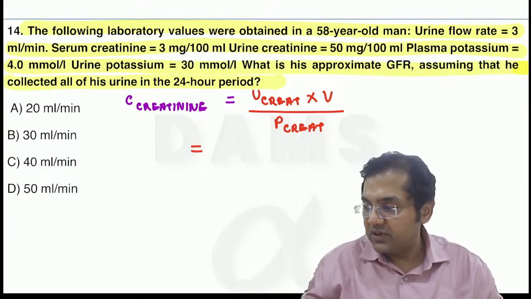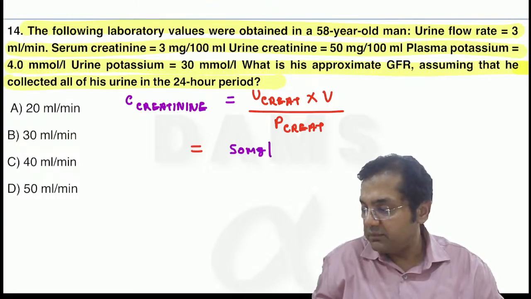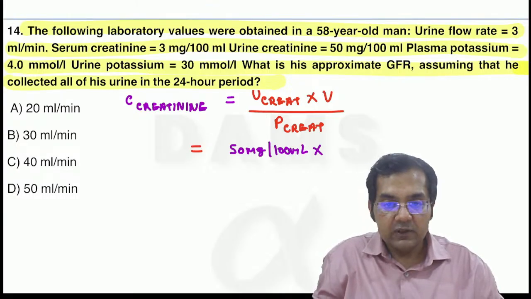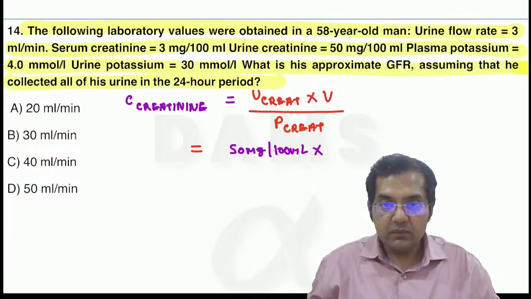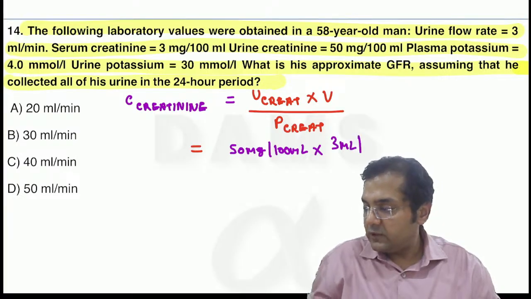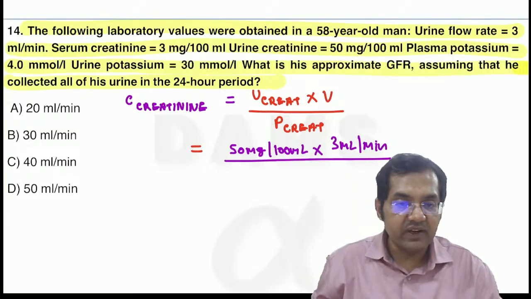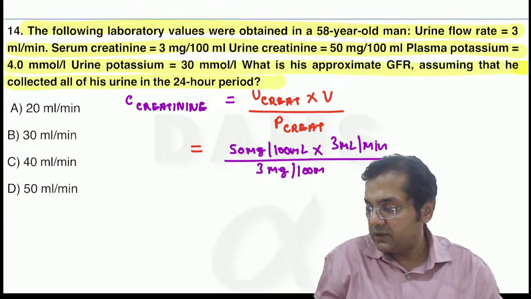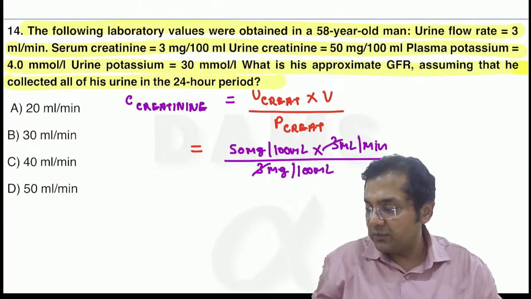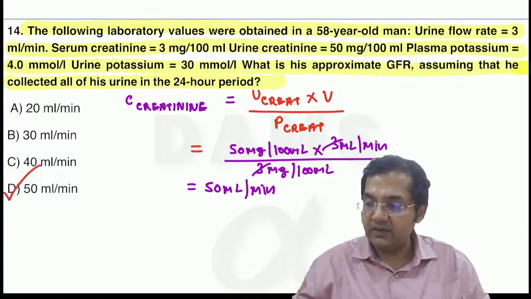First let us write down the urinary creatinine. This is given as 50 milligram per 100 ml. Then urine flow rate is given as 3 ml per minute, and plasma concentration of creatinine, or serum creatinine, same thing, is 3 milligram per 100 ml. You solve this for me, very easy calculation. You will get the answer 50 ml per minute, right? What is the answer? 50 ml per minute.